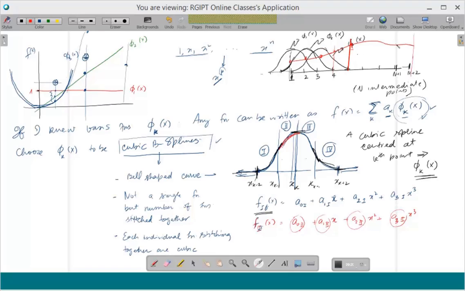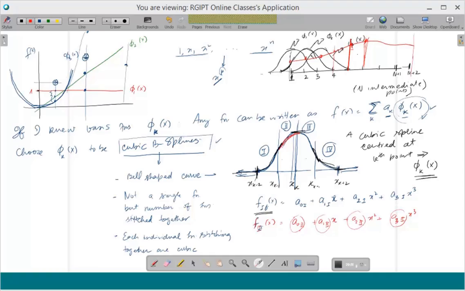For example, if the function has this much value here, this value will be whatever change I make to, let's say, a basis function, which is this one. Whatever weight I assign to this, I can make it bigger, I can make it smaller. This is not going to affect this point at all.